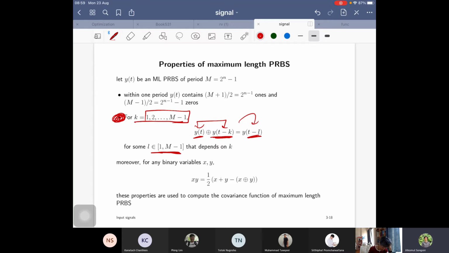And another thing, when you have the modulo sum operation, this identity holds, where x and y are both binary.